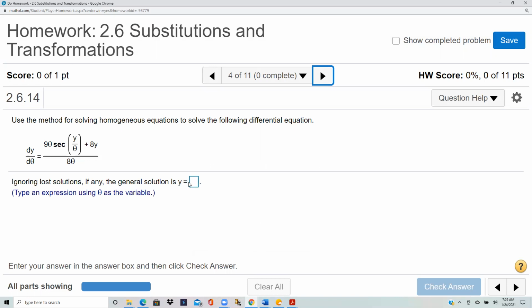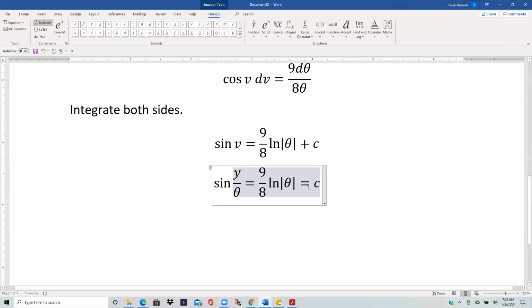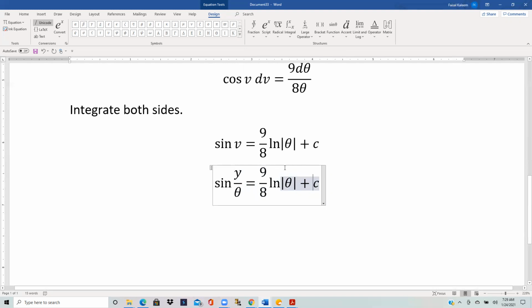Oh, here they are making us write in this form, y is equal to. All right, so let's change it then. So basically they're asking us to solve this one for y.